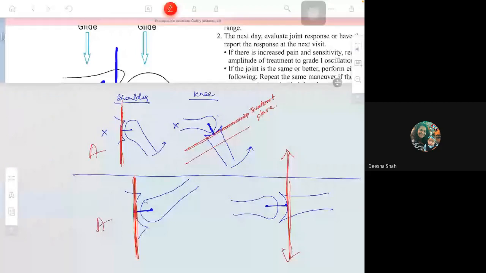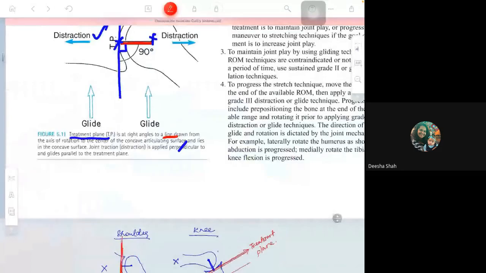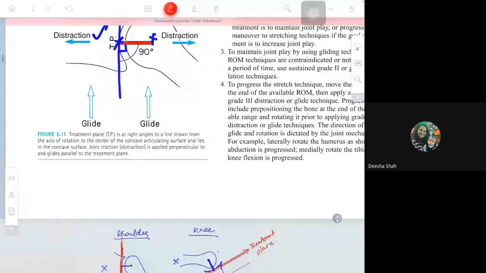In other words, the treatment plane is at right angle to the line drawn from the axis of rotation to the center of the concave articulating surface, and lies in the concave surface.